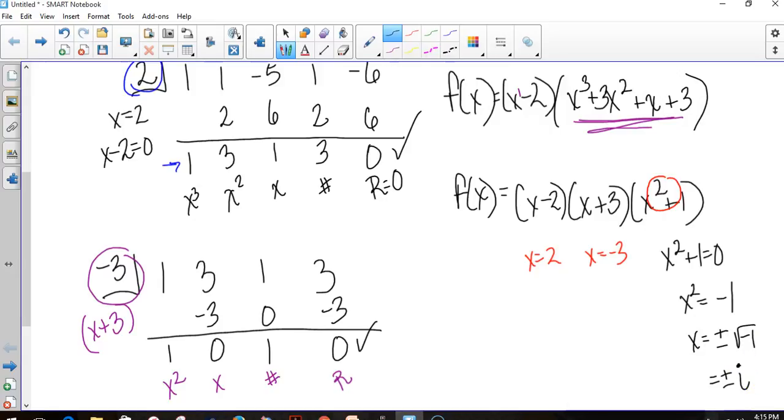Imaginary roots and irrational roots will always come in what's called conjugate pairs, and this is the complex root and the irrational root theorem. It happens like that because of the quadratic formula.